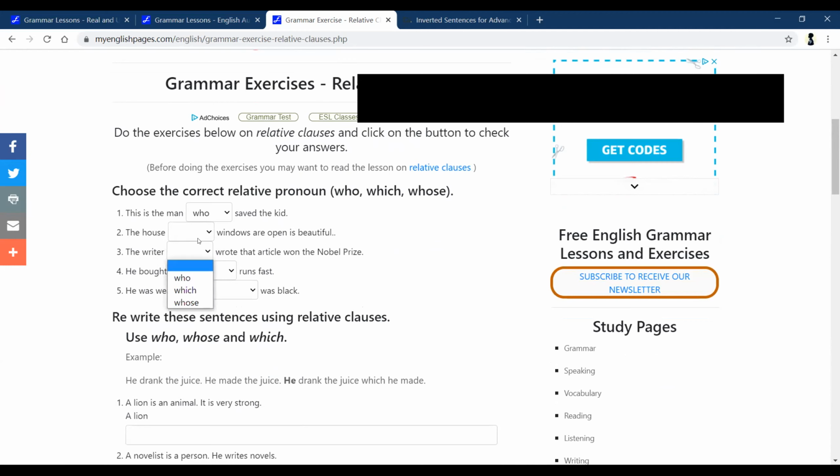We can eliminate "who", because as I said before, "who" basically refers to a person. So it should be a human before "who". But the house is obviously not a human, so we can eliminate "who". And then we will look at "which" and "whose".